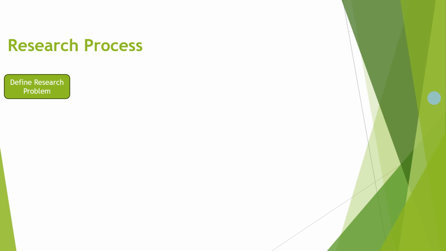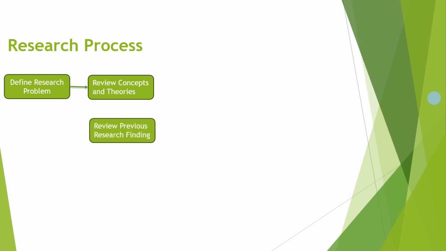Okay, now defining the research process. I was just defining the research problem. Firstly, try to identify the research problem you want to solve, and after that you need to review the concepts and theories. Let's suppose you want to perform research into policy development; then at least you need a basic understanding of how a policy is formed and what the different steps are. So you need to understand the concepts and related theories, and how the certain process needs to be done.